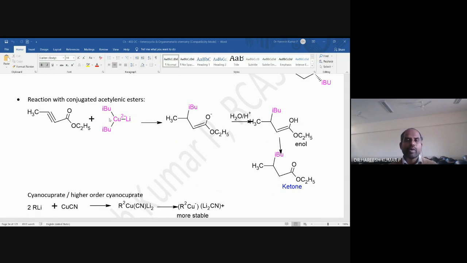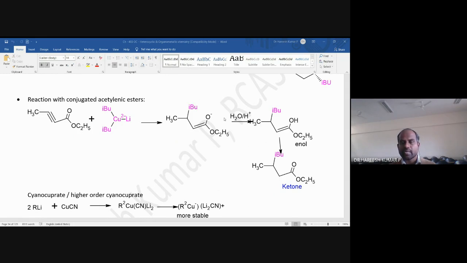There will be a new bond formation between this carbon and this carbon. So what will happen when the nucleophile is attacking here? This bond pair is going over here, and this bond pair picks up a proton. That means there is a double bond here. So that means allene. Allene kind of thing. Here one double bond is there, and this isobutyl group is there.